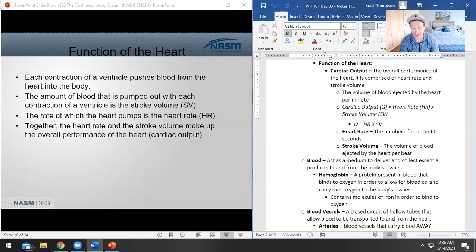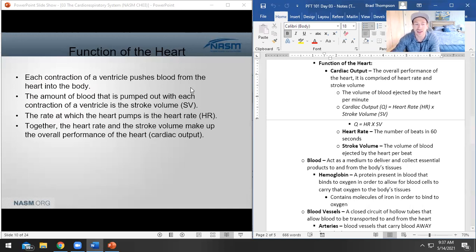Now, that's totally not how our heart works. You should absolutely purposefully raise your heart rate in order to train for a stronger stroke volume. But that's sort of what we think of when we think of cardiac output. It's the overall performance of the heart.